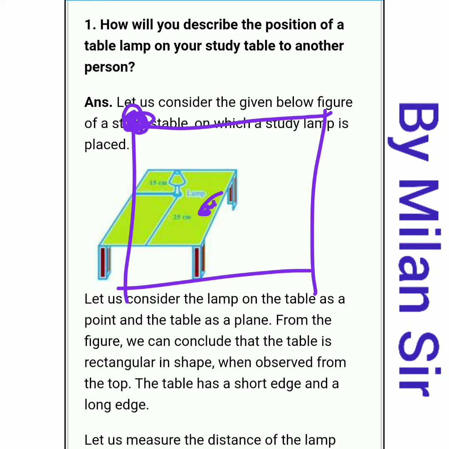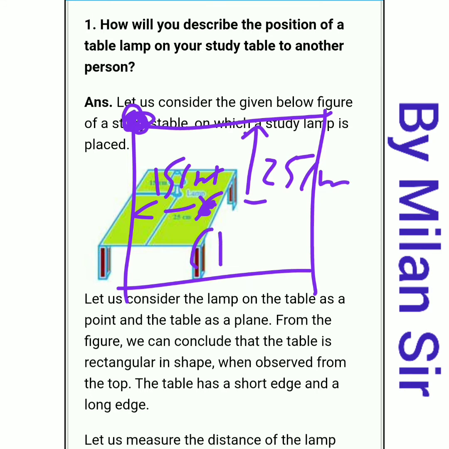If here is our table lamp, then this distance is 15 centimeter, right? This distance is 25, then the coordinate of this point is 15, 25.